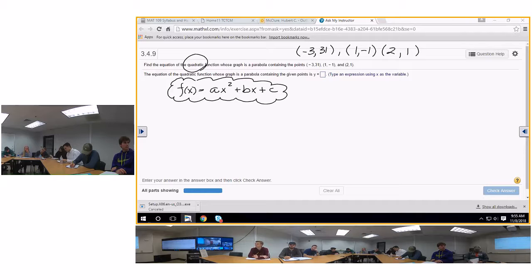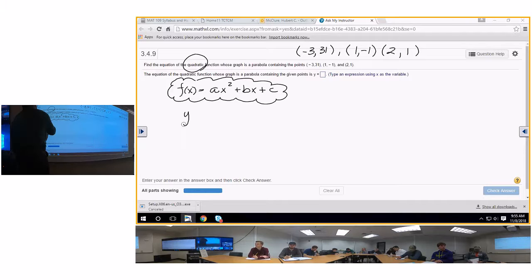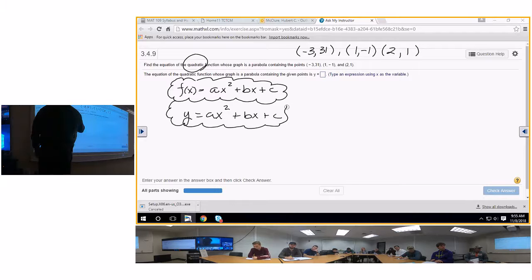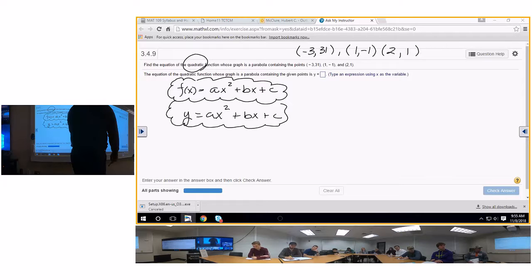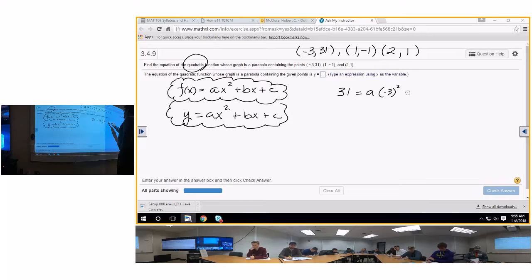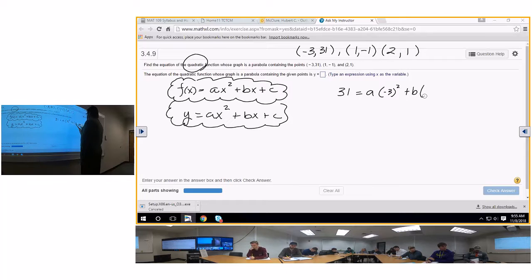And you can rewrite this to help you out. Y is equal to ax squared plus bx plus c. So that means we're going to have 31 equal to a times -3 squared plus b times -3 plus c.